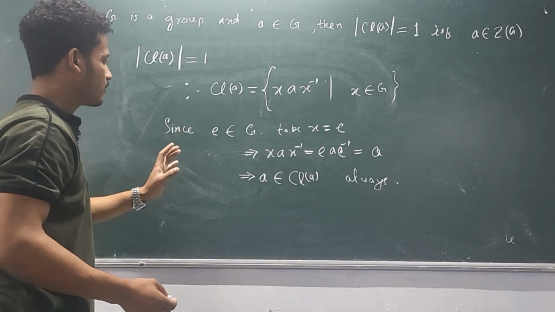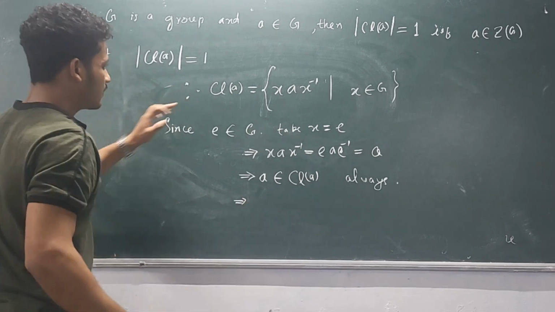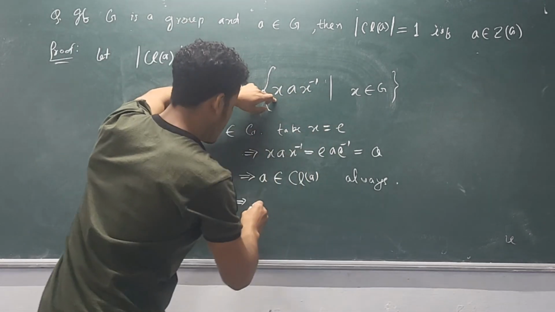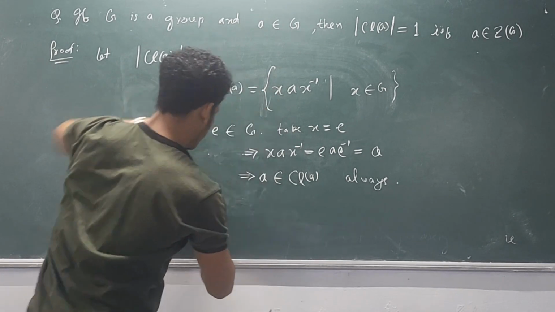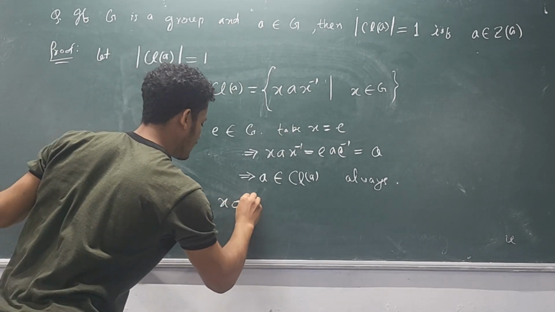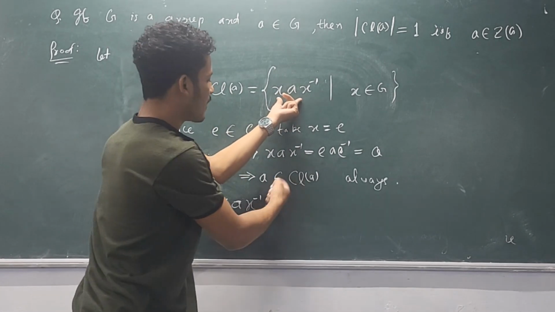That means this will imply XAX inverse, this is the collection of all XAX inverse. Hence this is fixed, only one element.